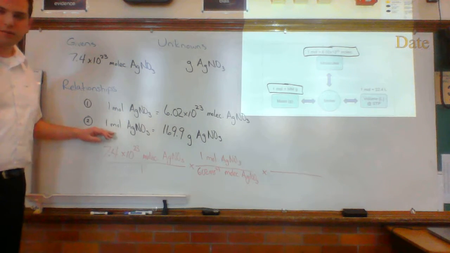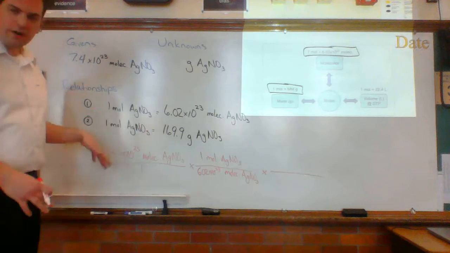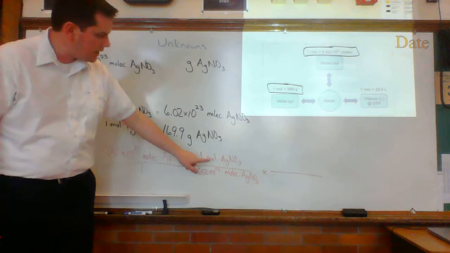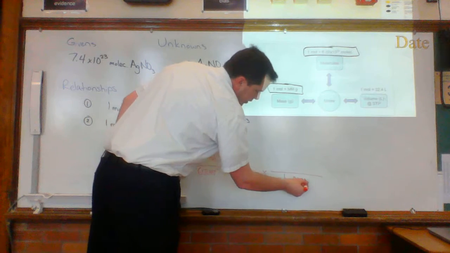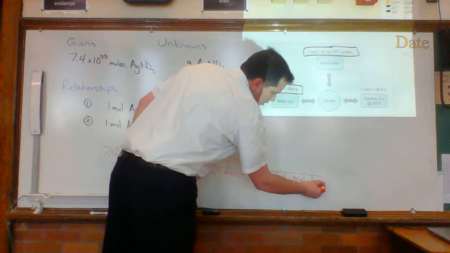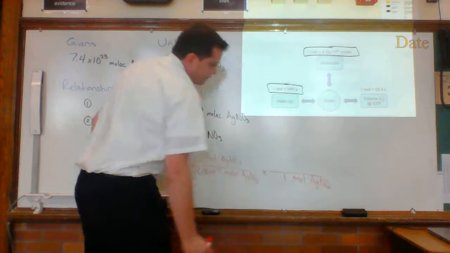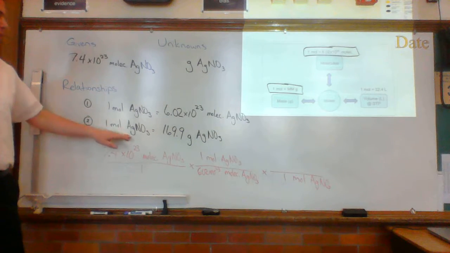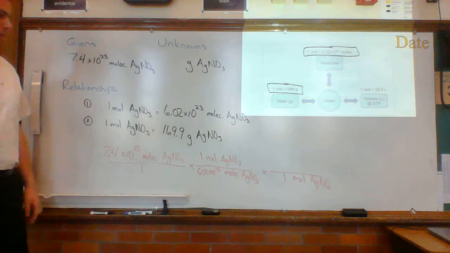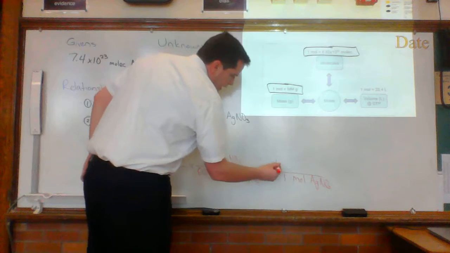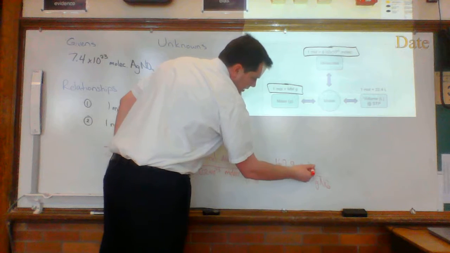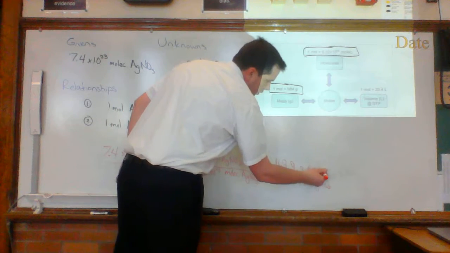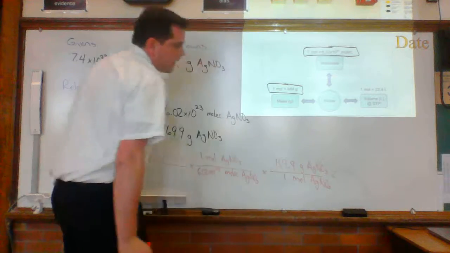Now we can move on to the next relationship. But before I try to figure out what goes on top and goes on the bottom, I'm going to take the unit in the chemical there, and I'm going to put it down to the denominator for the next fraction. Now I know that 1 mole goes on the bottom this time, and 169.9 grams AgNO3 goes on the top.